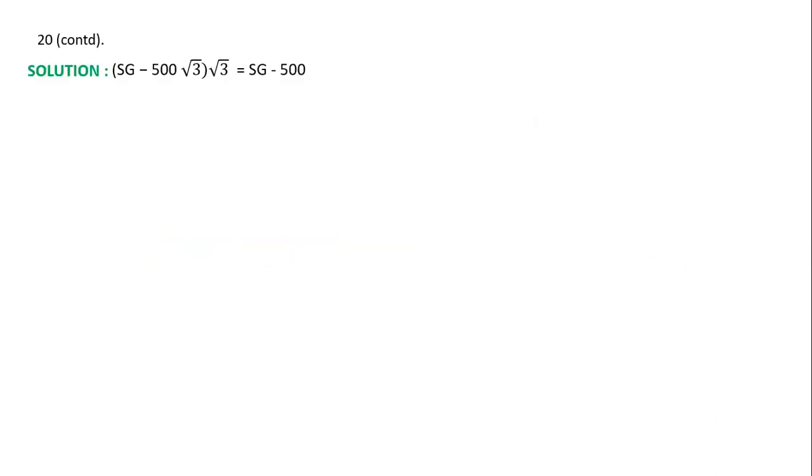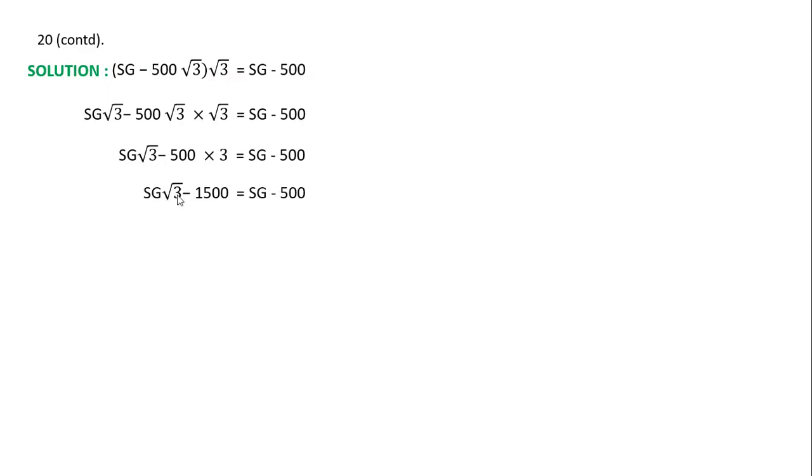Opening the bracket, you'll get SG root 3 minus 500 root 3 into root 3, which becomes SG root 3 minus 1500, is equal to SG minus 500. SG root 3 minus SG is equal to 1500 minus 500. SG into root 3 minus 1 is equal to 1000.